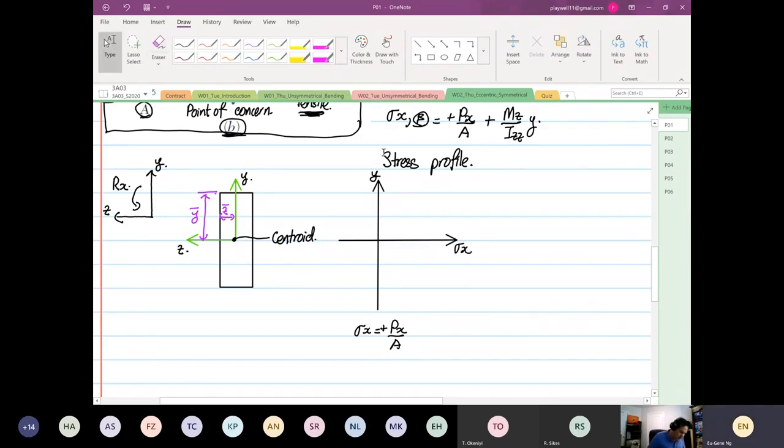So what we have over here now is a load in tension. This is our load in tension, where our stress x is equal to Px over A. So this is our tensile load.